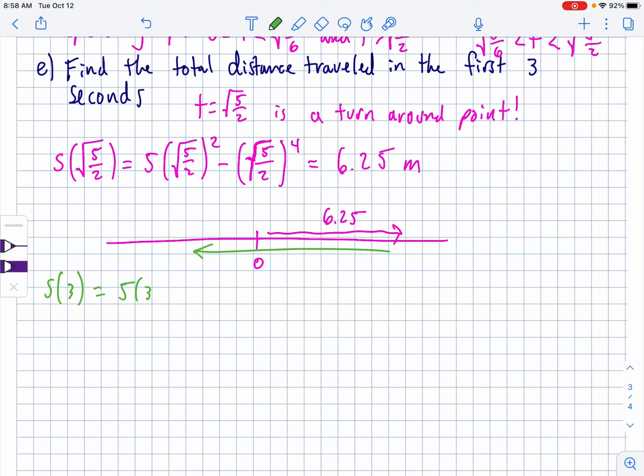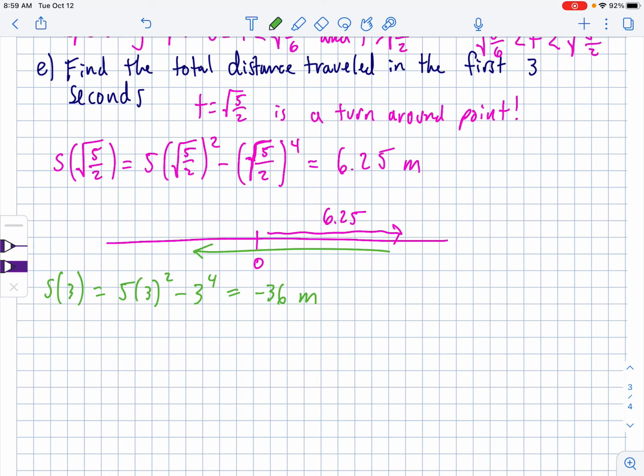So we also need to find s of 3. So we do 5 times 3 squared minus 3 to the 4th, and this is negative 36 meters. So that means it went 6.25 meters to the right in the first root 5 over 2 seconds. Then it ends up 36 meters to the left at 3 seconds.